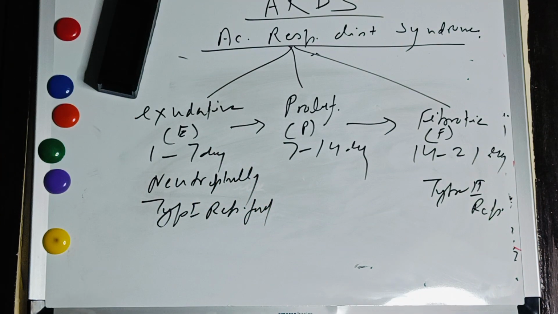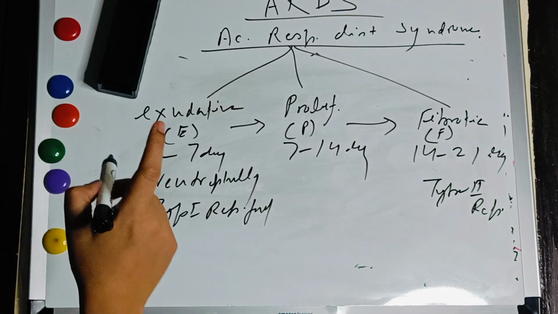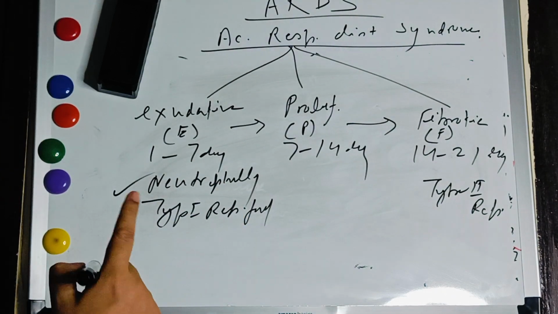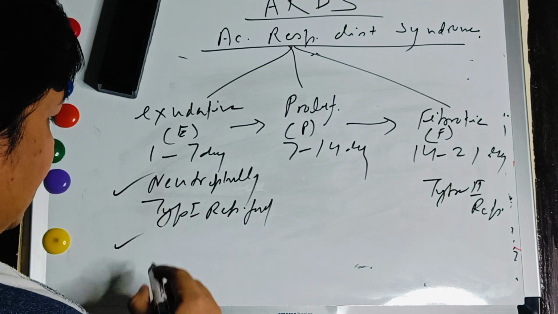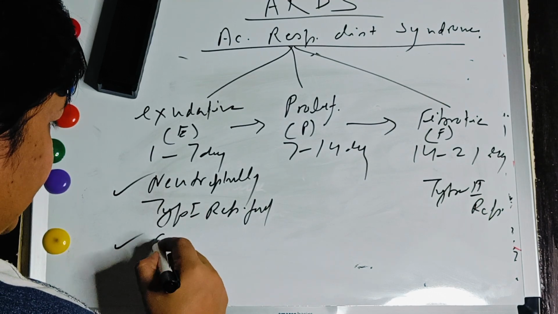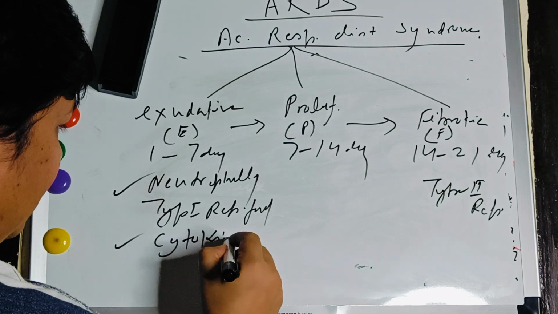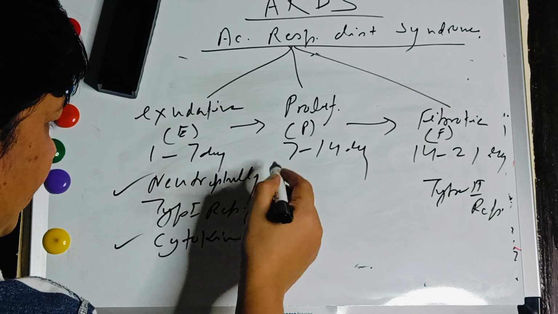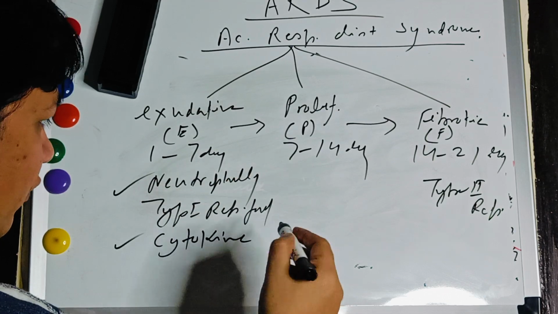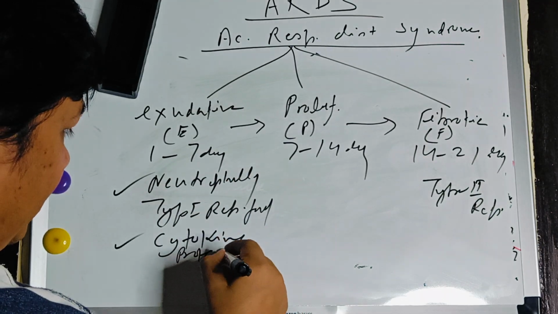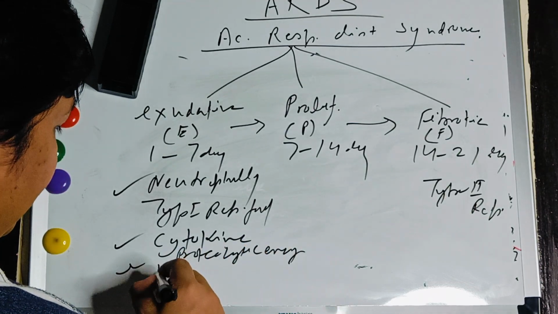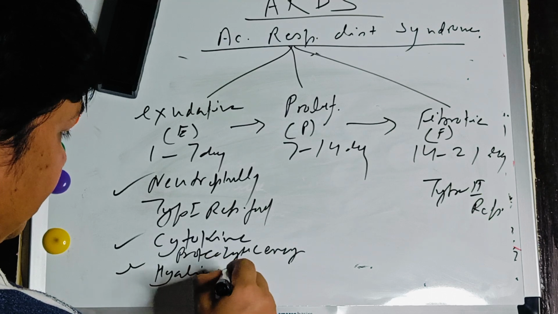Two important things to remember during the pathology of exudative phase are neutrophil infiltration, and second one is the cytokine storm, or degranulation of the neutrophils, which will release proteolytic enzymes, which will lead to hyaline membrane formation.